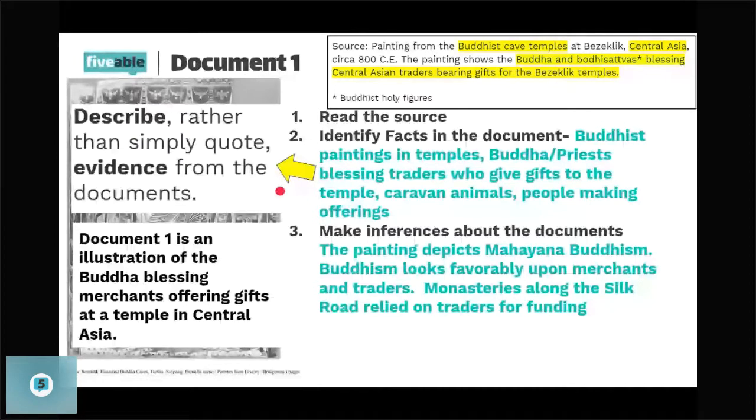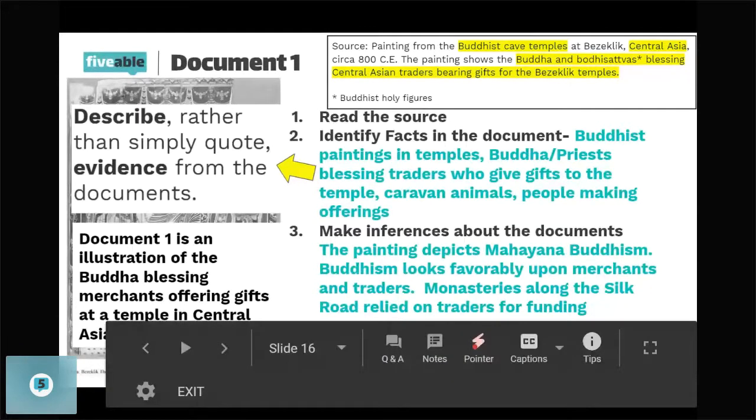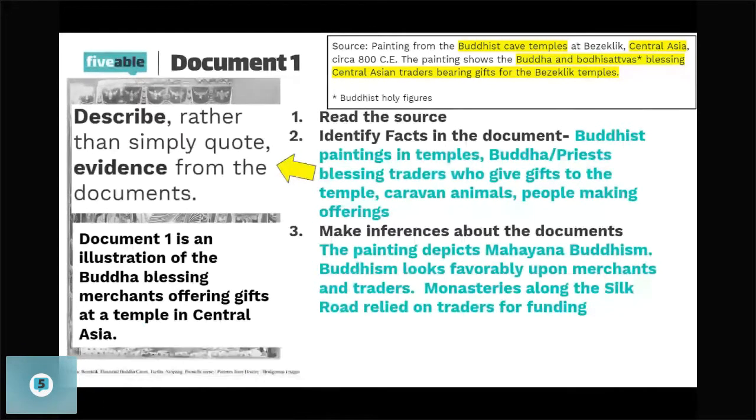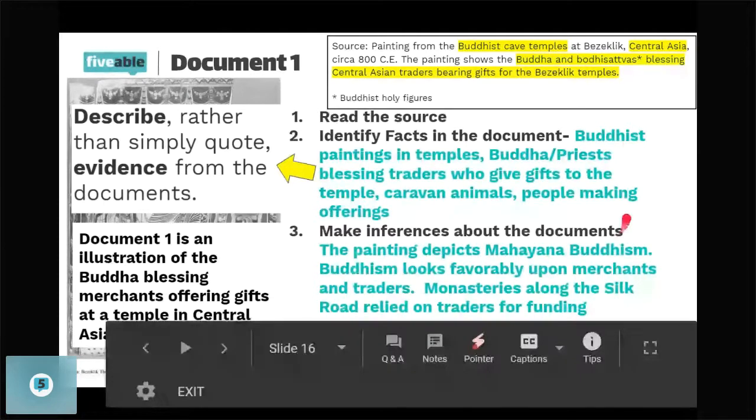Okay, let me see. There's a question down here. What are bodhisattvas again? I'm sure I'm saying that wrong. Anytime I click on something, it messes everything up. Bodhisattvas are like Buddhist priests.